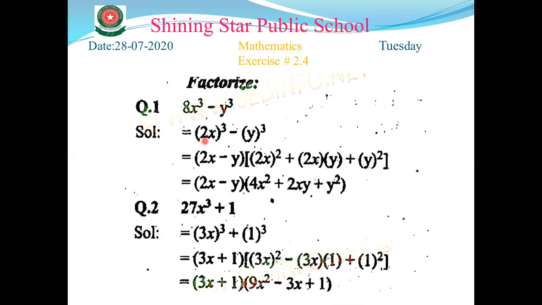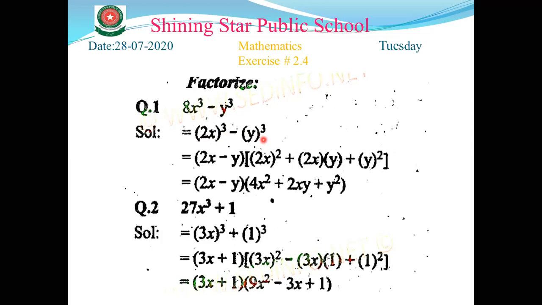We can write (2x) whole cube because 8 is the cube of 2, x cube is the cube of x, and we can write y whole cube. a cube minus b cube equals a minus b, a square plus ab plus b square. All of you know very well the formula of a cube minus b cube.